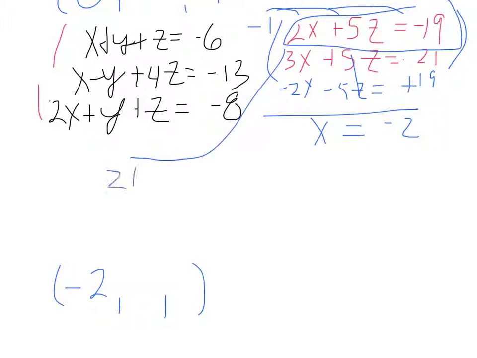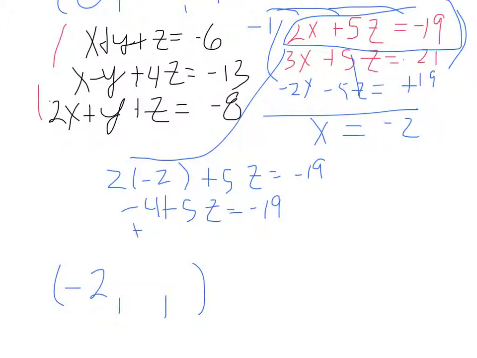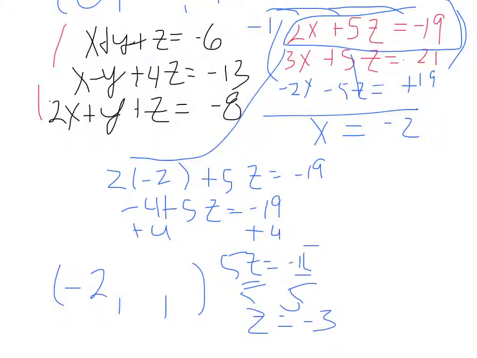So we have 2 times negative 2 plus 5z equals negative 19. So negative 4 plus 5z equals negative 19. Add 4. And we get 5z equals negative 15, divided by 5, and we get z equals negative 3.